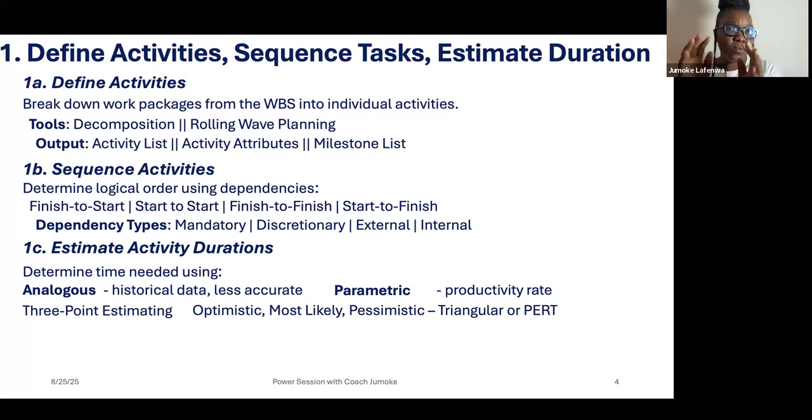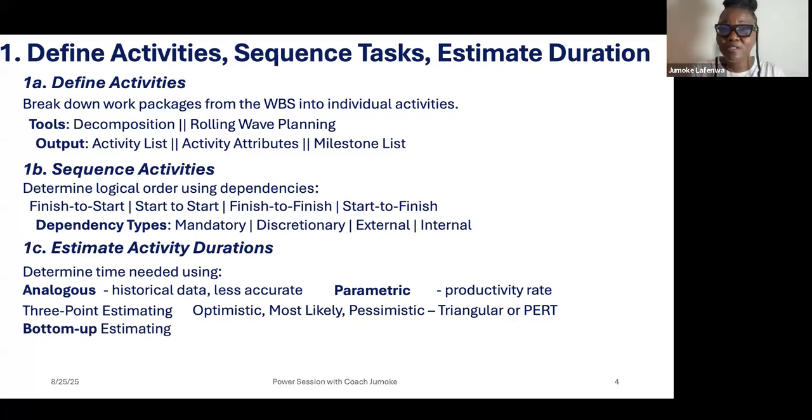But the PERT is a weighted average. So you have optimistic plus 4 times most likely plus pessimistic divided by 6, because there are now 6 variables. So be mindful when you are deploying or you are asked to calculate 3-point estimating. Check to be sure whether it's triangular or it is PERT, and PERT is the weighted average.